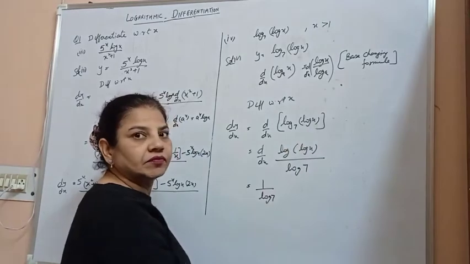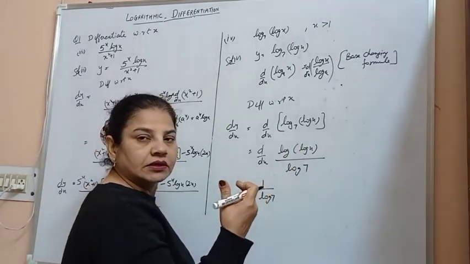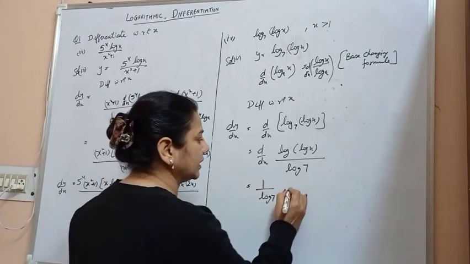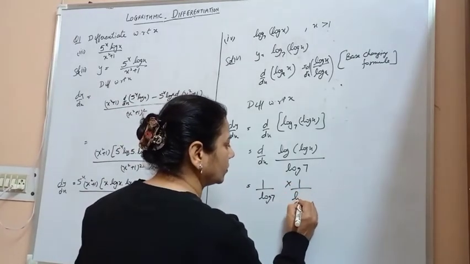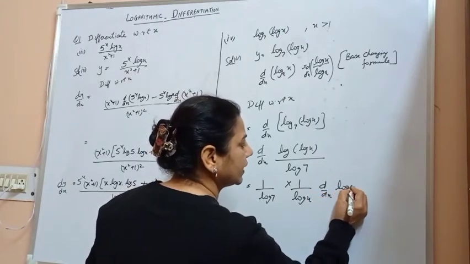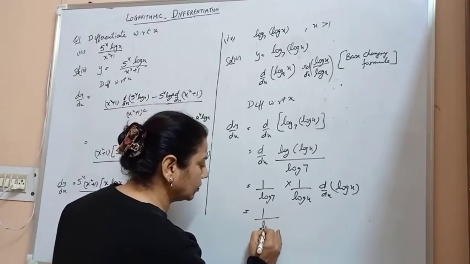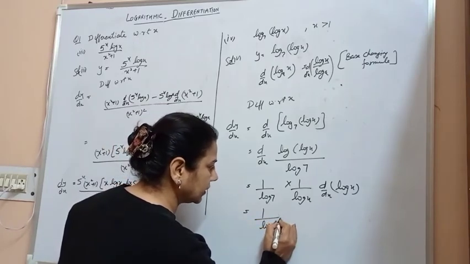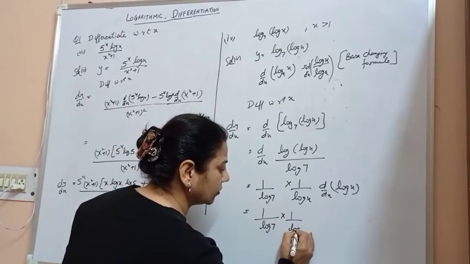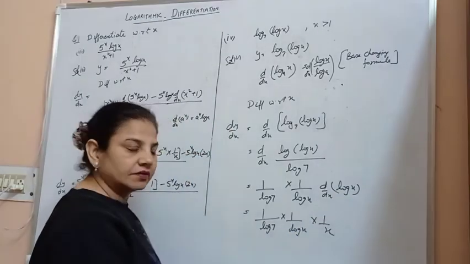I take the derivative of log x. So considering log x to be the function x, I will get 1 upon log x into the derivative of log x, again chain rule. So we have 1 upon log 7 into 1 upon log x into 1 by x, as the derivative of log x is 1 by x.